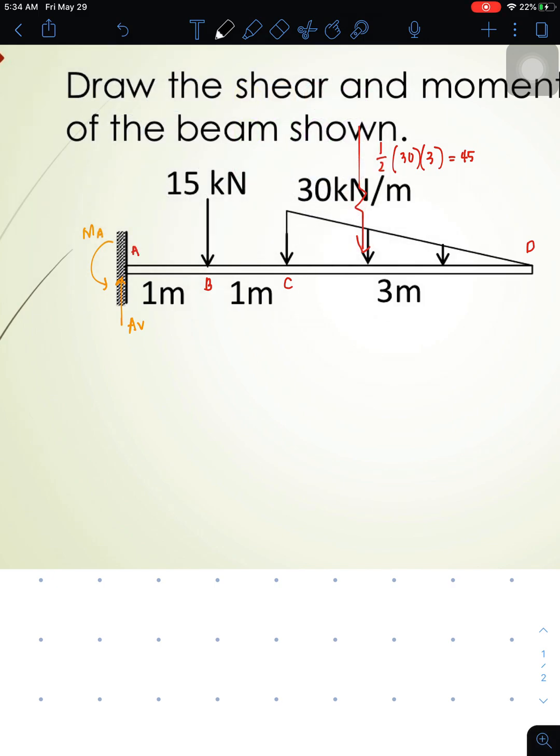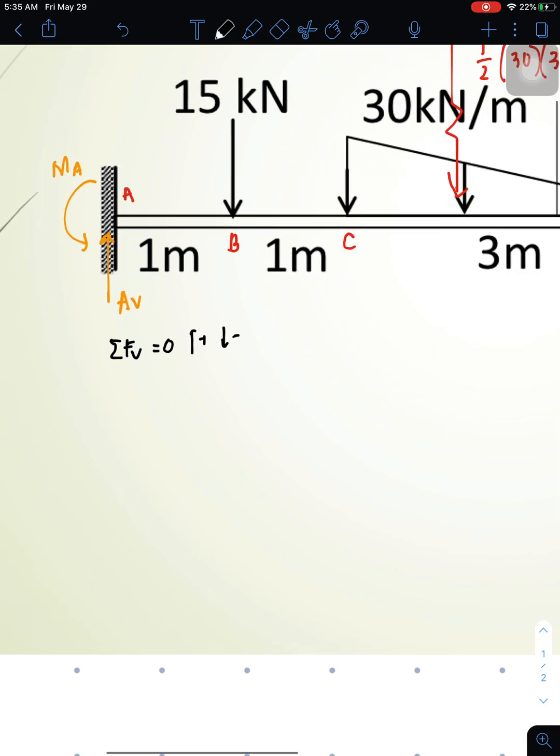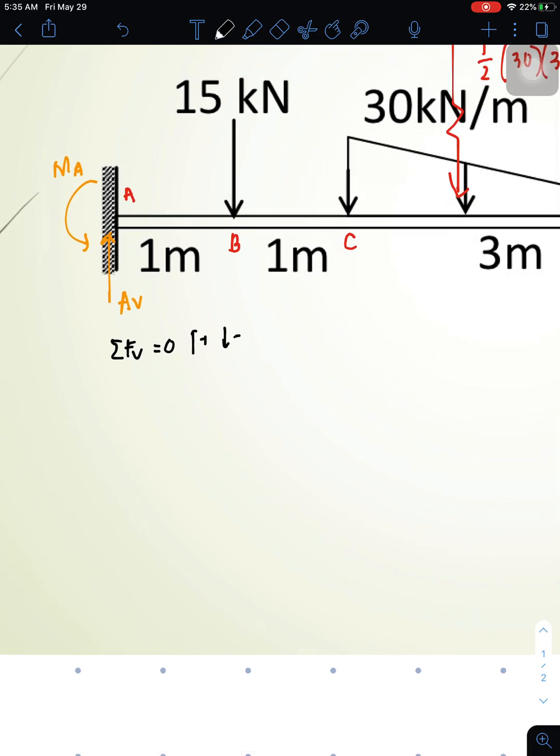In a cantilever beam, it's better to start with the summation of forces vertical, unlike the other beams where we start with the summation of moment. Upward positive, downward negative. The reason we start with it is because we only have one vertical reaction in this type of beam, so we can immediately solve the vertical reaction.